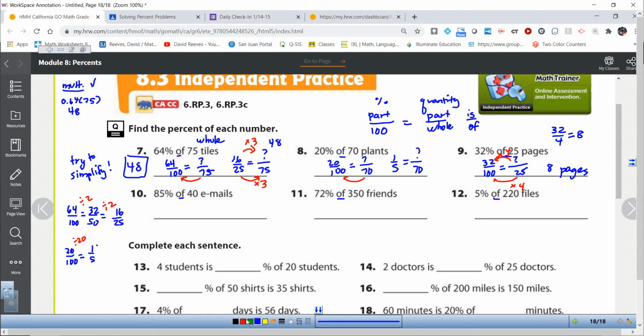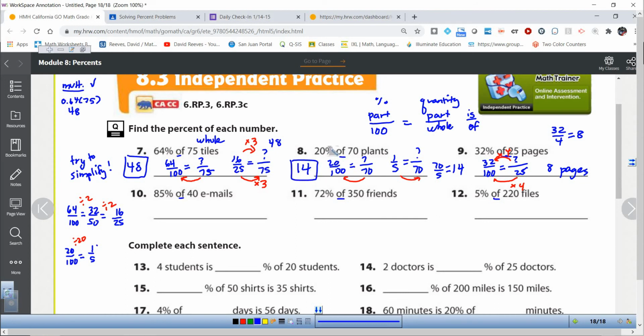Now we can find that equivalency factor, and to find it, you simply take the larger one divided by the smaller one. 70 divided by 5 is going to be, well, 70 divided by 10 would be 7, so 70 divided by 5 is going to be 14. So 20% of 70 plants is 14.